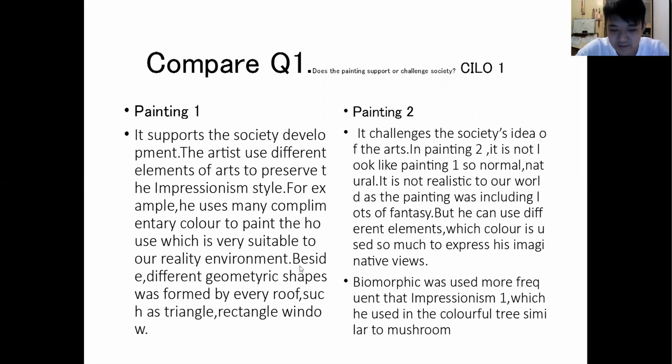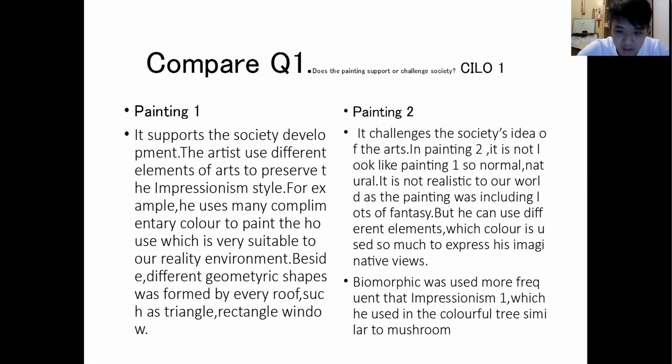Besides, different geometric shapes are formed by every wall, such as a triangle, rectangle, window. But painting two challenges the society and it's not as clear as painting one. It's so buried. And it's not realistic to our world nowadays as the painting included a lot of fantasy.